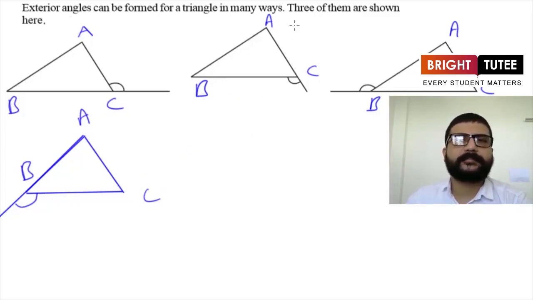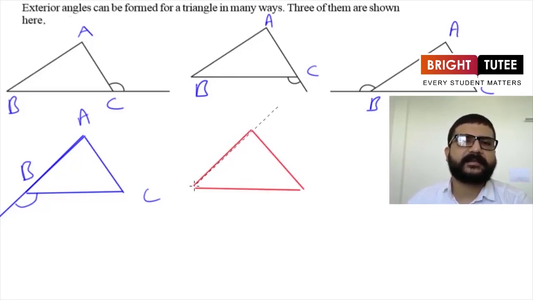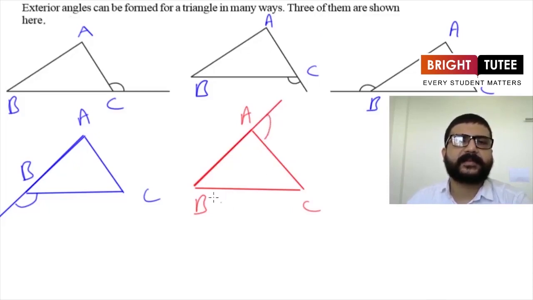So let's draw them. Let's take triangle ABC, which is this triangle. Now let's extend this BA. So now one exterior angle is formed here at A, and that is this angle. This time we extended BA. Can we extend CA also? Yes, we can do that. So let's extend CA this time. So the triangle will be like this.